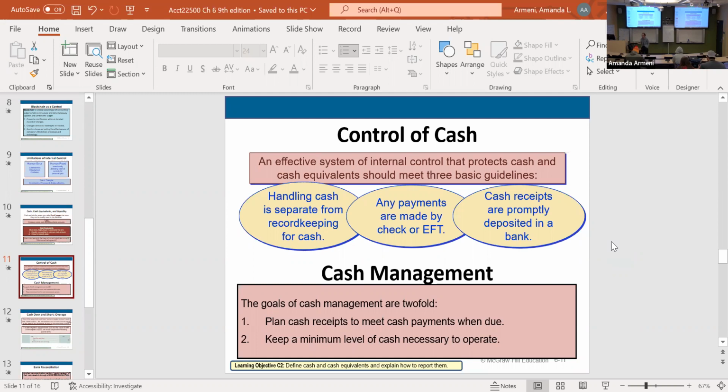We want a physical record that cash was paid, essentially. We don't want to pay vendors with currency cash that we have on hand. We need a physical record that the payment was made. So making sure that all of those payments are made by electronic fund transfer or check so that we have an audit trail. We have documentation that we did make those payments.